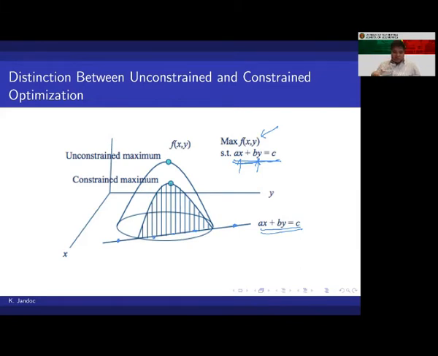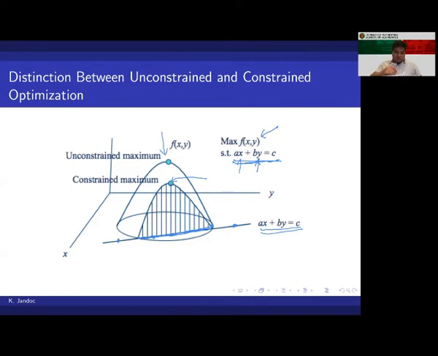So you're restricting basically the domain to this slice of the line. Great. Now in this slice, given this constraint, you see now that the maximum can necessarily be different from the unconstrained maximum over here.